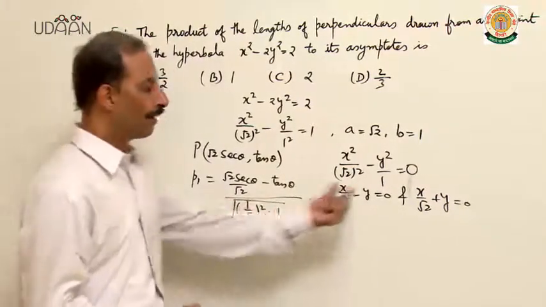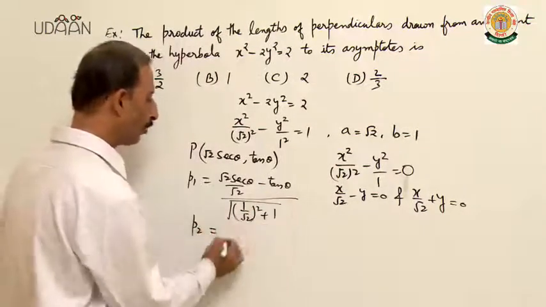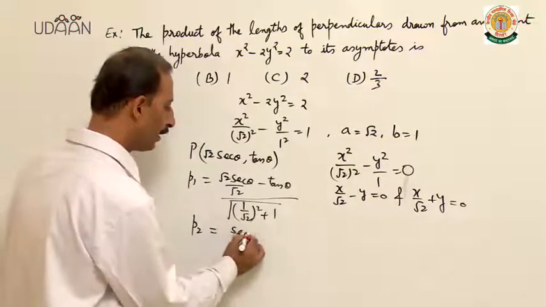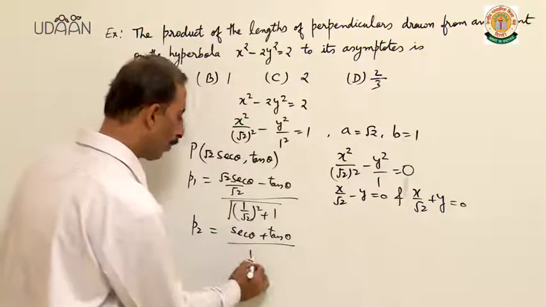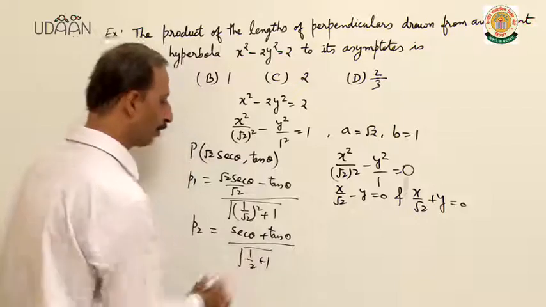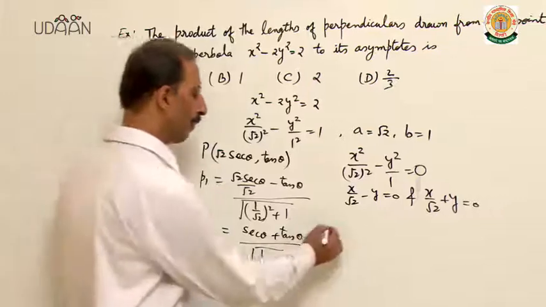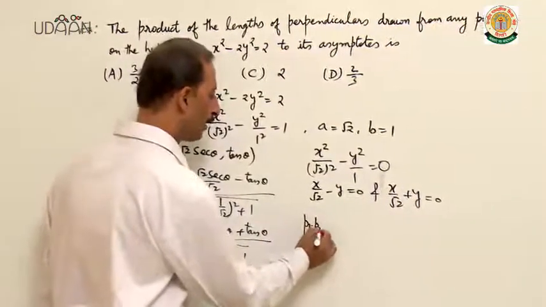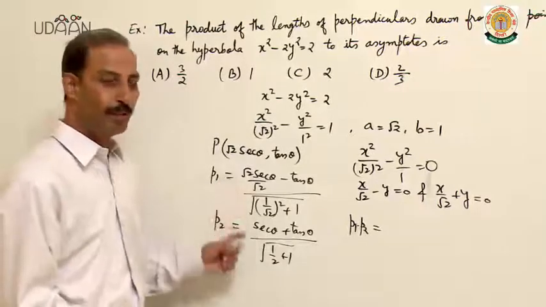Similarly, find out the value of P2, the length of the perpendicular on the second asymptote. You will get sec theta plus tan theta upon square root of 1 upon 2 plus 1. That is the value of P2. Now the product of their perpendiculars means P1 into P2. So what is the value of P1 into P2? Multiply these two.